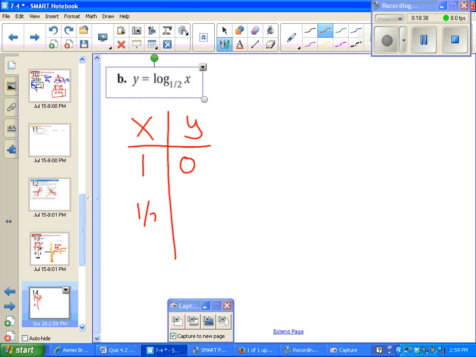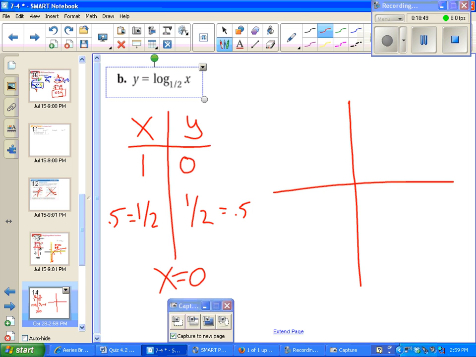And because our base is 1/2, we'll plug in 1/2, which is really 0.5. And our asymptote at x equals 0. No shift. Always be mindful of the shift, though. It's probably a safe bet to assume that you'll have a shift on your quiz or test. So we'll see that later.